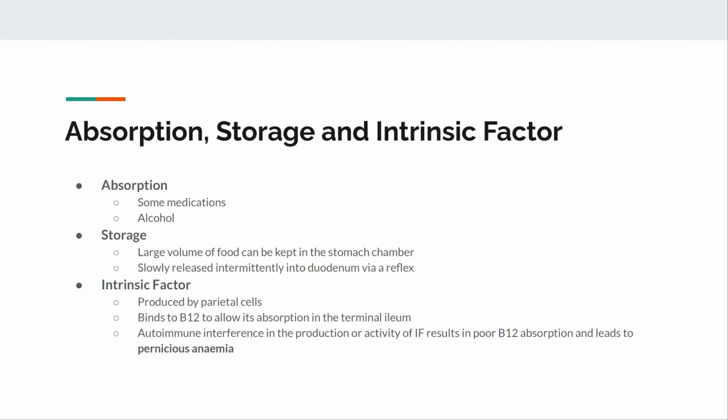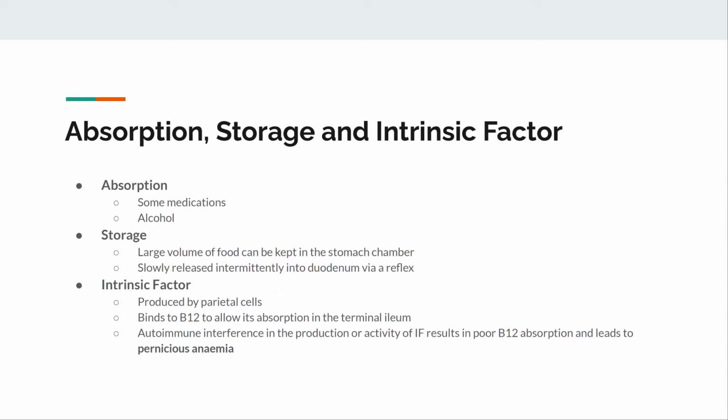And then intrinsic factor being produced by parietal cells is essential for the absorption of vitamin B12 from oral sources. B12 together with intrinsic factor gets absorbed in the terminal ileum. But if you don't have the intrinsic factor in the stomach, if that B12 just makes its way to the ileum, it won't be absorbed.